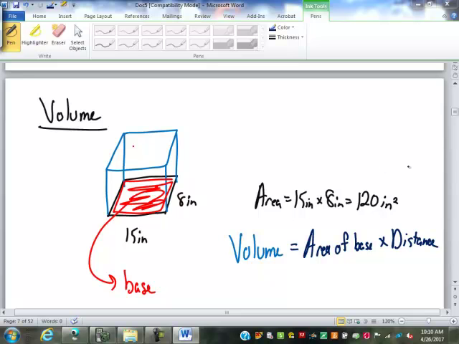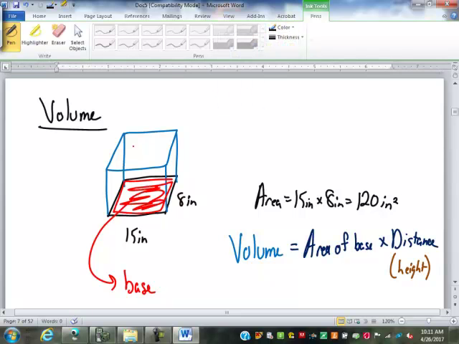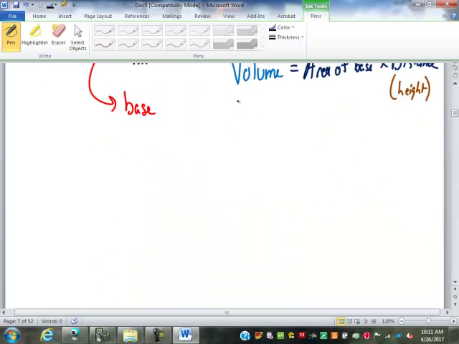In most cases, that distance is referred to as a height. But it doesn't always go up and down. So the tough part is figuring out what piece of it is a base when we're looking at an object.